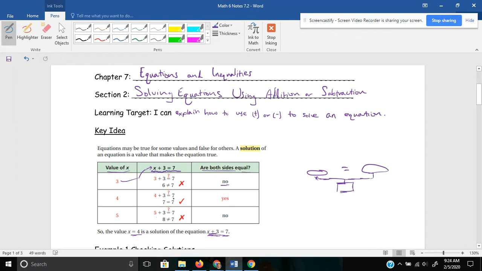In this equation, if we had 4 plus 3 on this side and 7 on this side, your equation would be balanced just like a scale. So a lot of times you'll hear me referencing equations are like scales, and whatever's on the left needs to equal what's on the right.